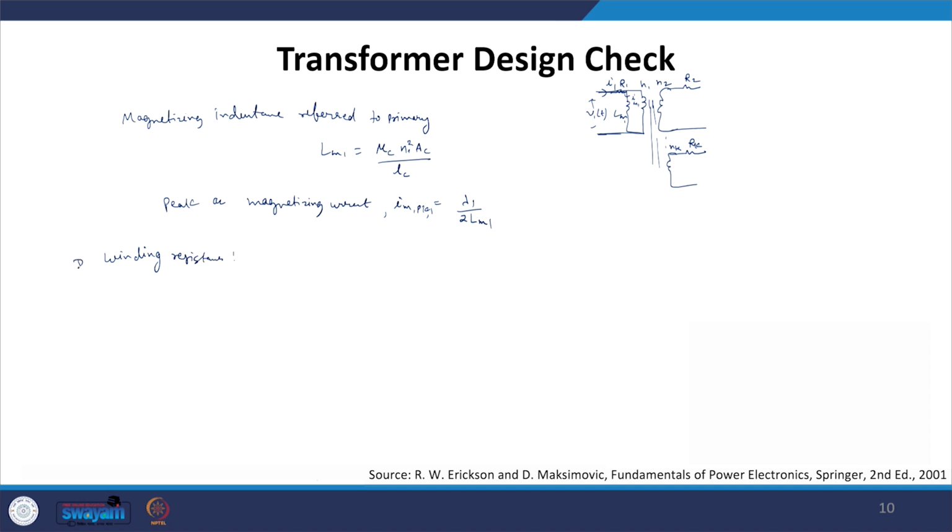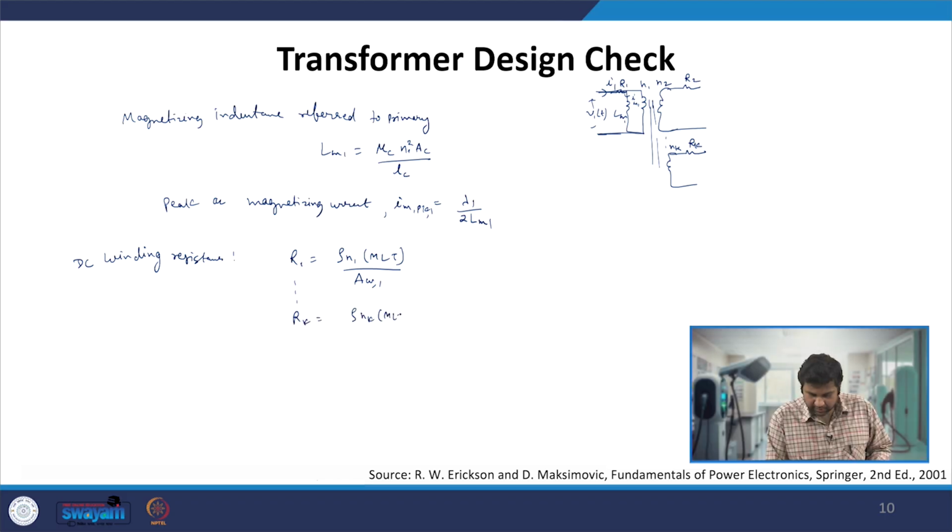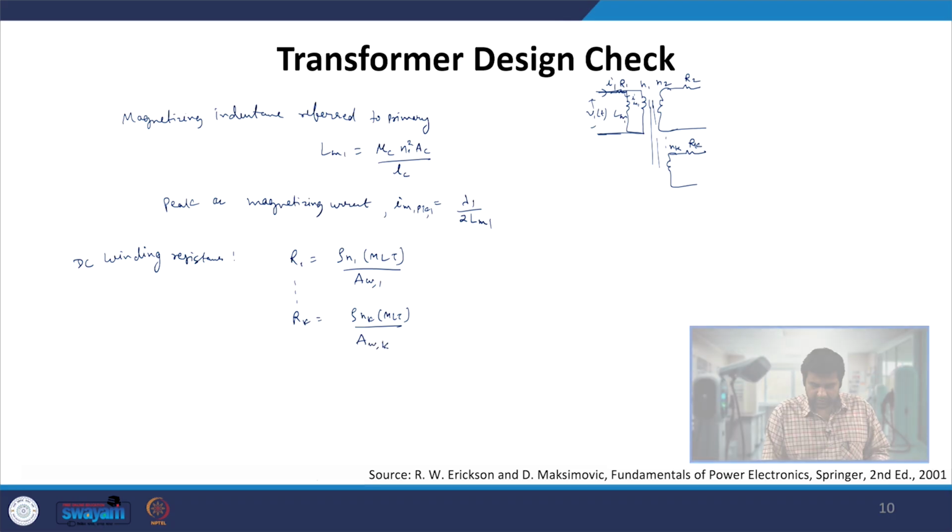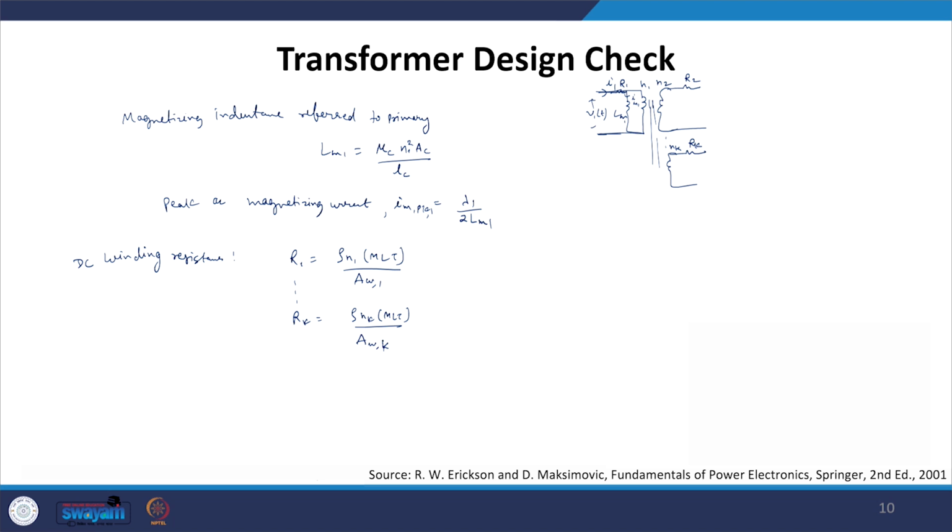Obviously, these are DC resistances corresponding to the DC excitation, which is R1, which is nothing but rho N1 MLT divided by Aw1, up to Rk, which is rho Nk MLT by Awk, the area of cross section of the wire used for winding number k.